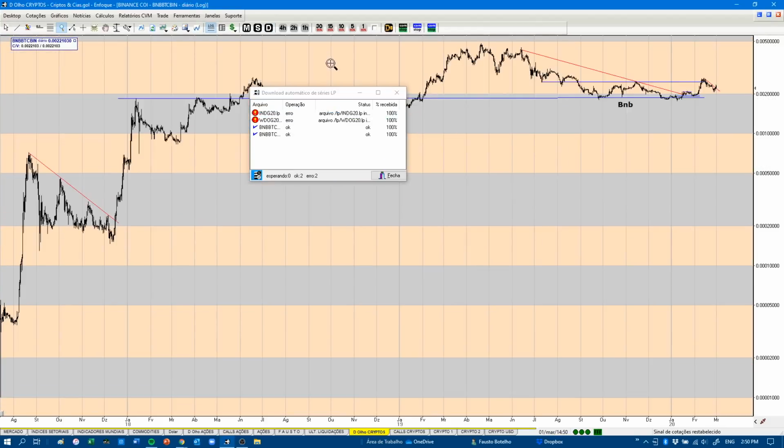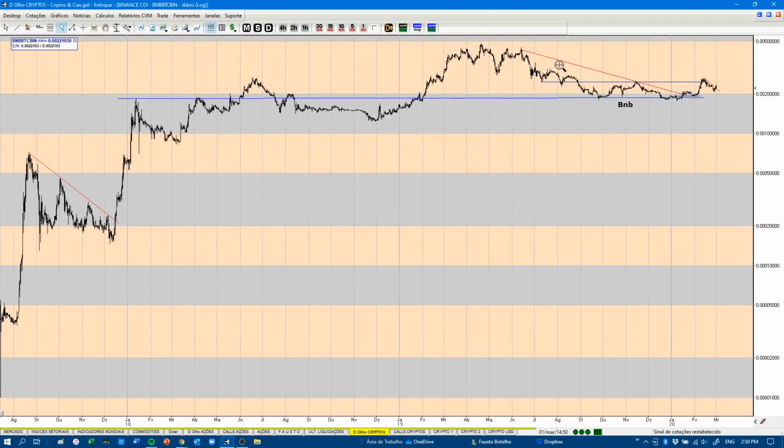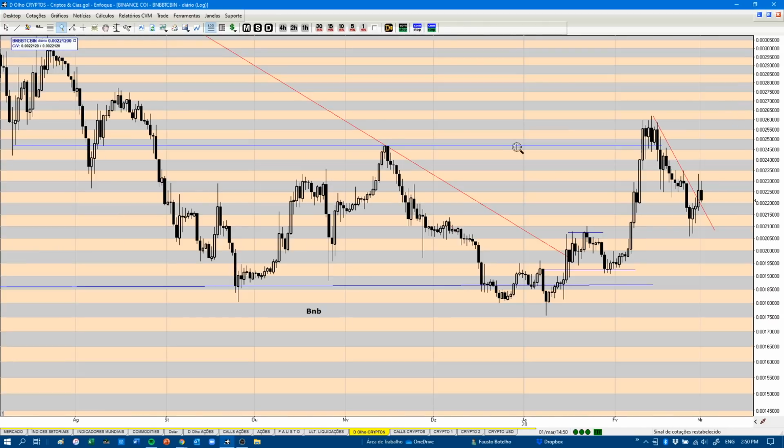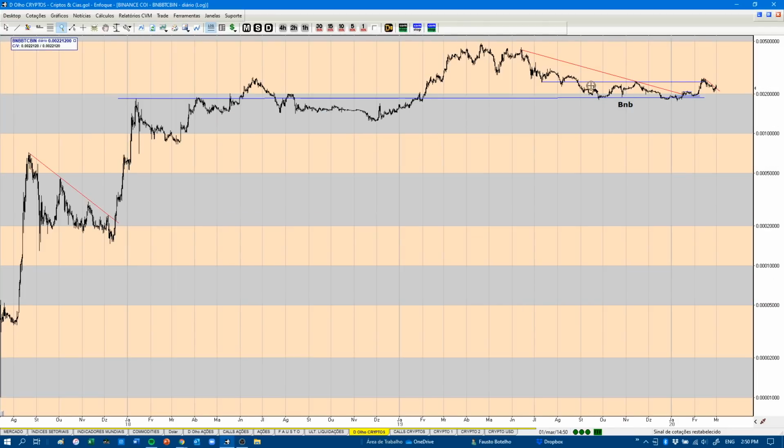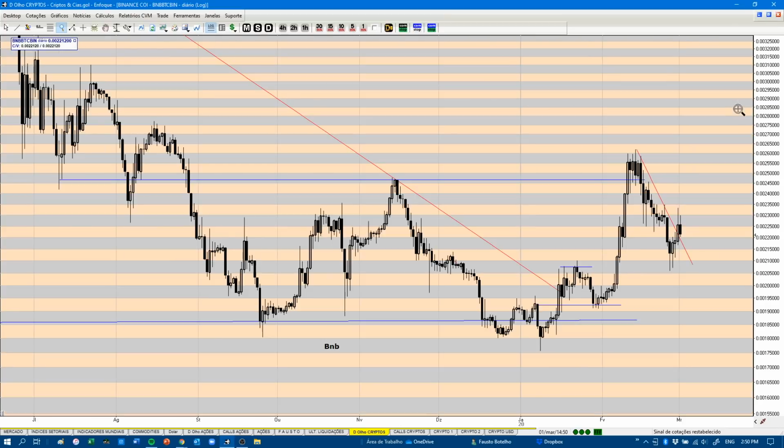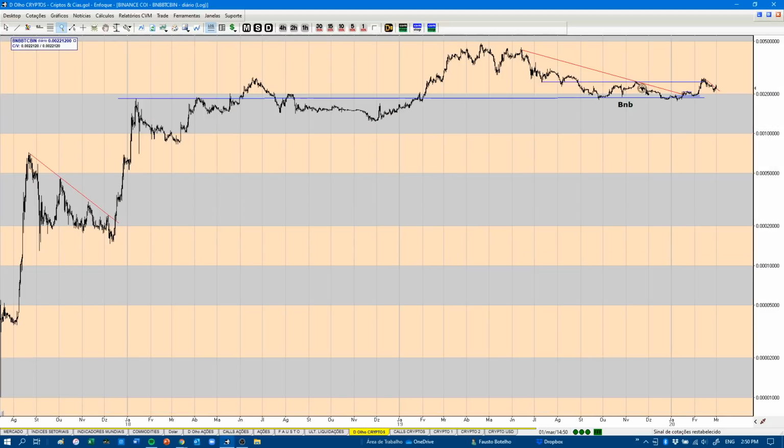But thinking of the long term, I don't think so anymore, because this is resembling a rectangle. So I think Binance might as well break this very important support here and go lower.